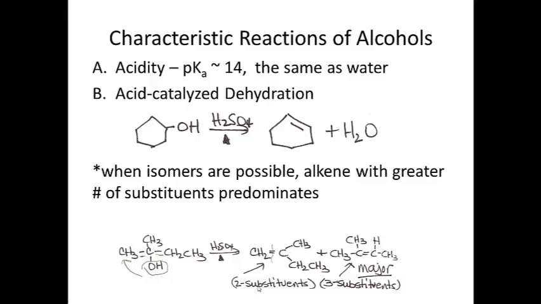Whereas if we dehydrate in this direction to give us this molecule, we find that we have two substituents on the left side of the double bond and one substituent on the right side. And so this would be the major product and this would be the minor product. Notice that when we lose the OH, we lose one of the hydrogens on the adjacent alkyl group. So the one with the greater number of substituents will predominate.